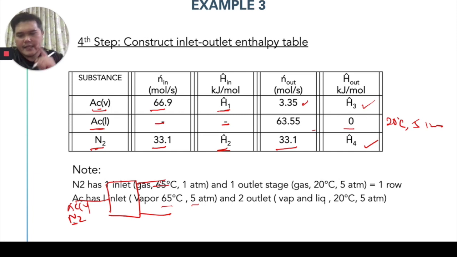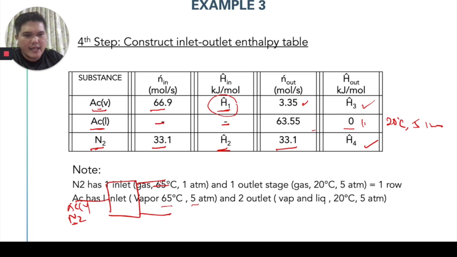But there is a but here. You can also choose the acetone at the inlet, which is vapor at 65 degrees Celsius and 5 atm, as your reference point. If you pick that as your reference point, then you can set this as 0, but you have some value that you have to specify here. This is no longer 0.